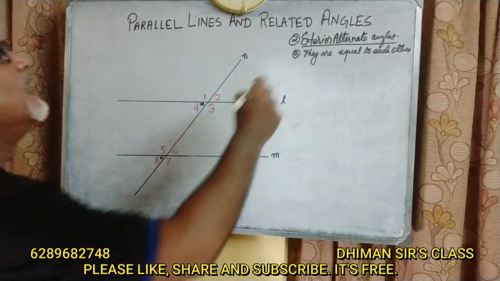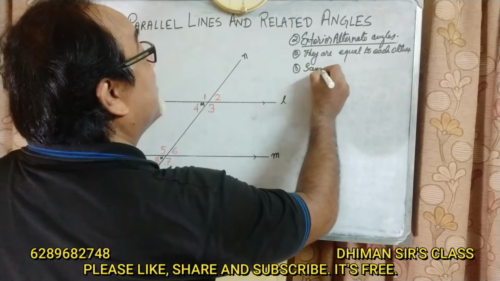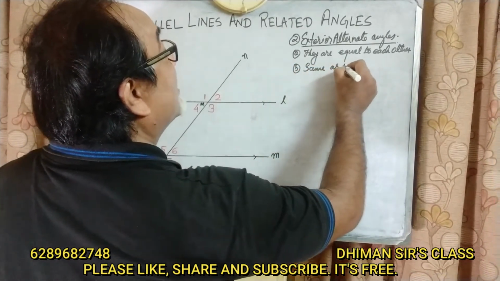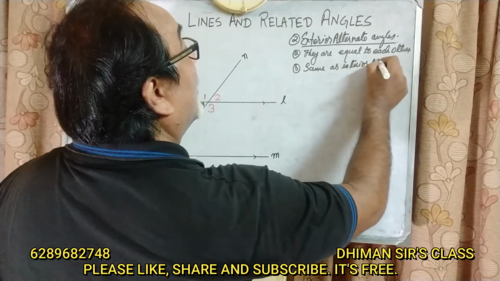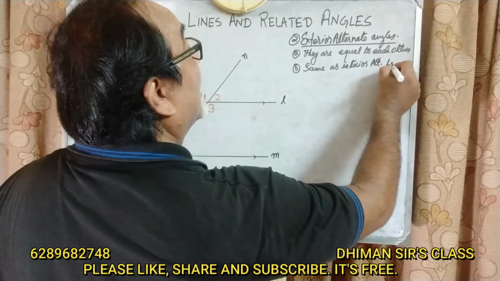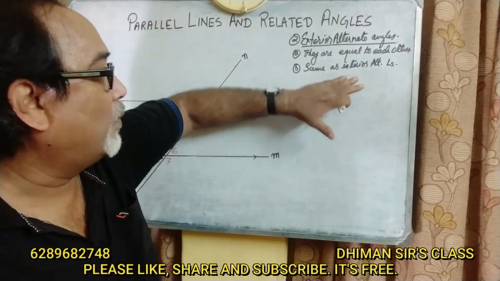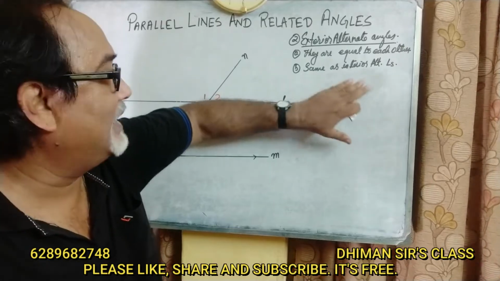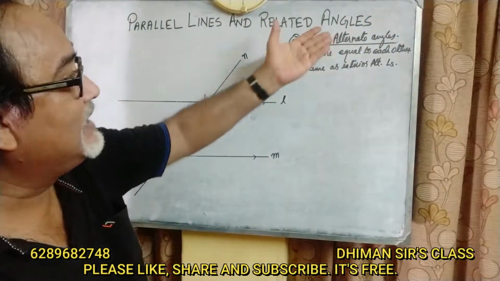Okay, B, same as interior alternate angles. Why? Because that one is a bigger language, so I don't want to waste my time. That is why I told it as similar to interior alternate angles.